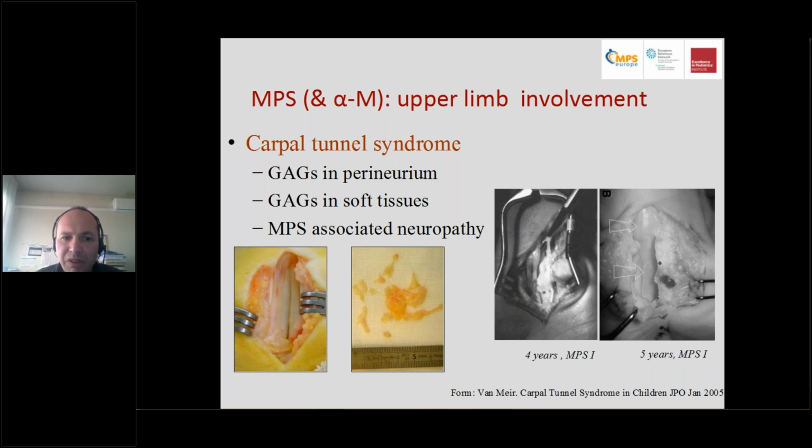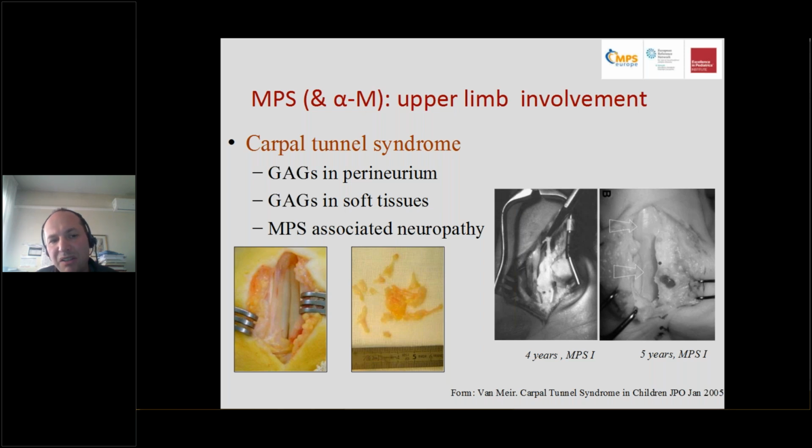What about the carpal tunnel syndrome? If you decide to operate on them, there is no room for the mini open procedure that we are used to doing in young, healthy adults. We have to do a wide opening, because we have to remove all the glycosaminoglycans that are in the perineurium, in the soft tissue.